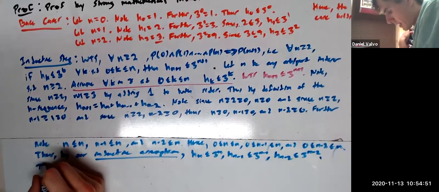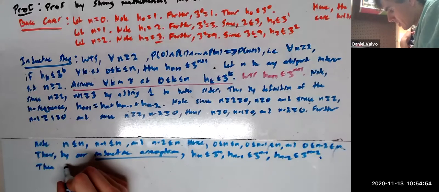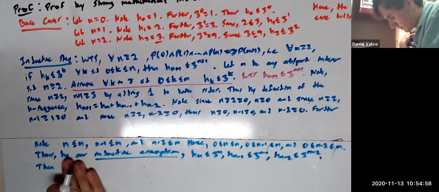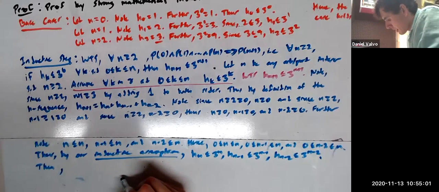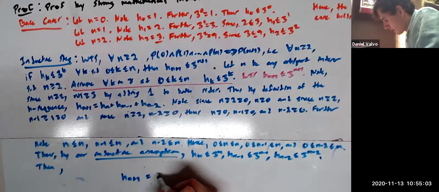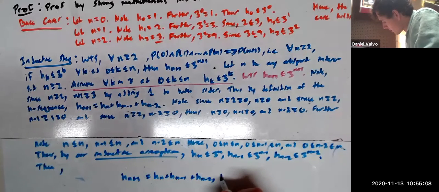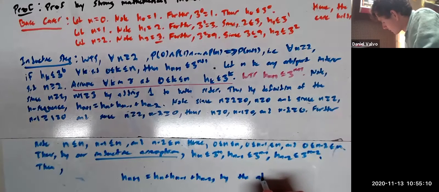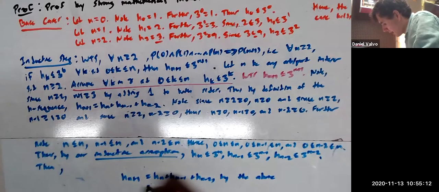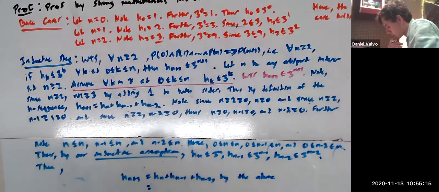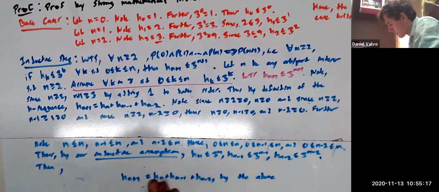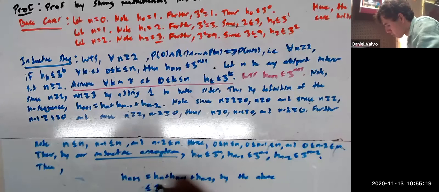So, if we put that together, then h of n plus 1 equals h of n plus h of n minus 1 plus h of n minus 2 by the above. And this is going to be less than or equal to 3 to the n plus 3 to the n minus 1 plus 3 to the n minus 2.